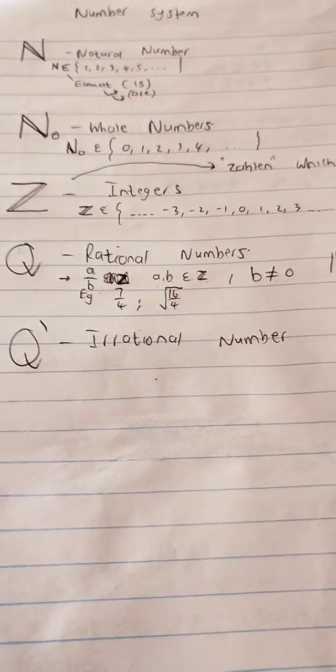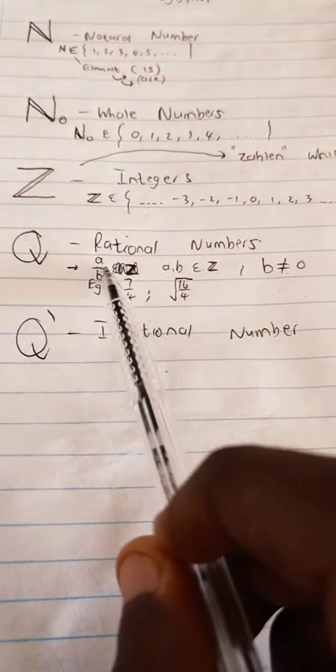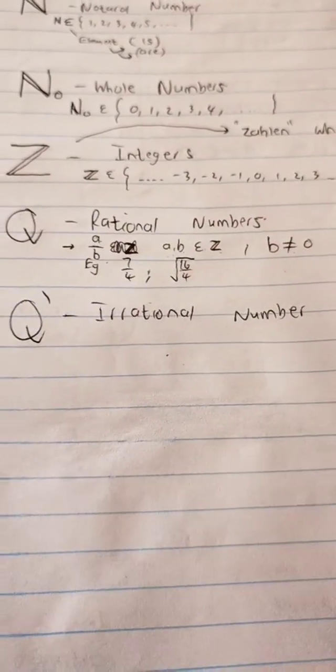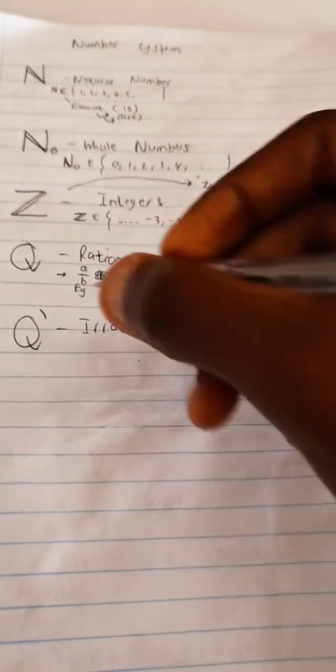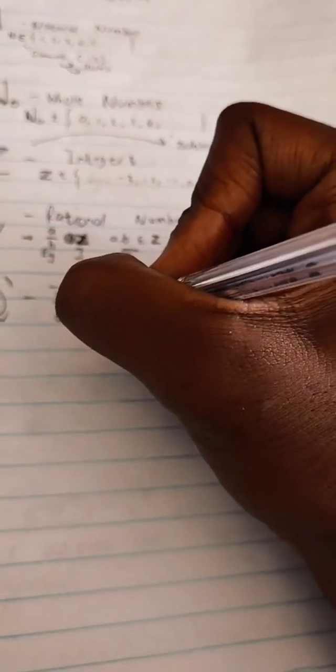They can't be written as a fraction where the numerator and the denominator are integers and where the denominator cannot be 0. They are the opposite. So the opposite of rational is irrational.